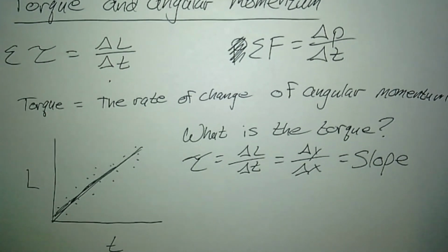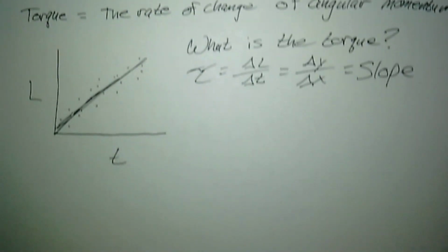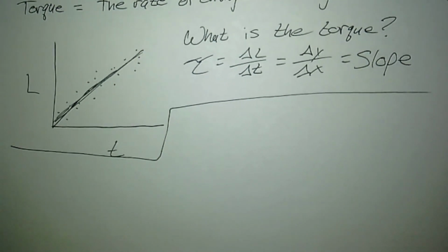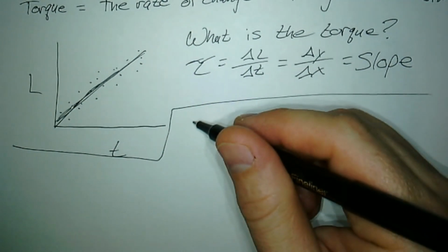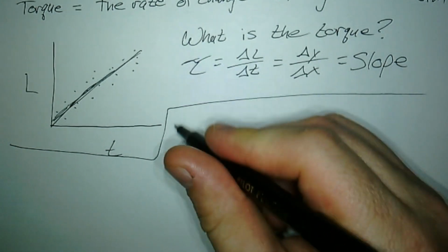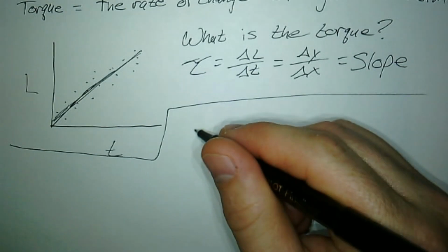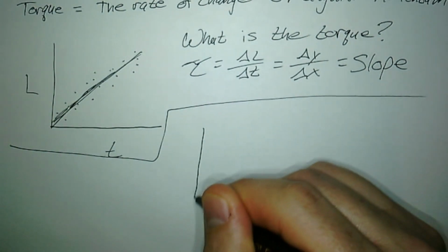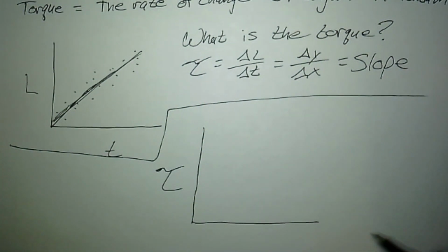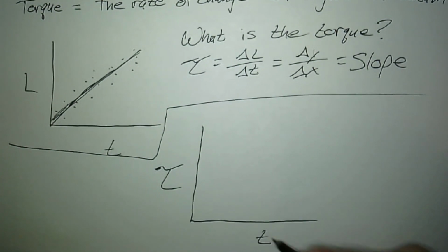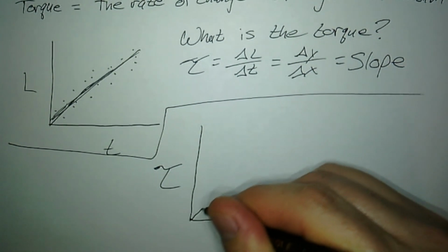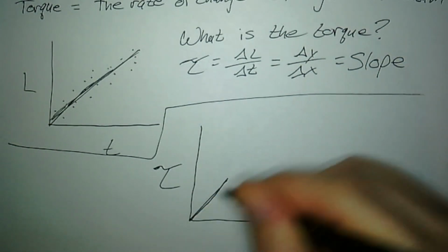So it might make you do another problem that's very similar. Let's section that off. They might say something like, given a graph of torque, what is the angular momentum? So if you get a graph that looks like torque and time, let's put some numbers on this one.